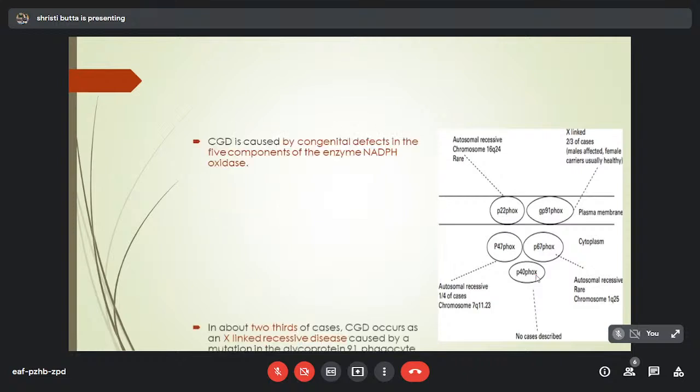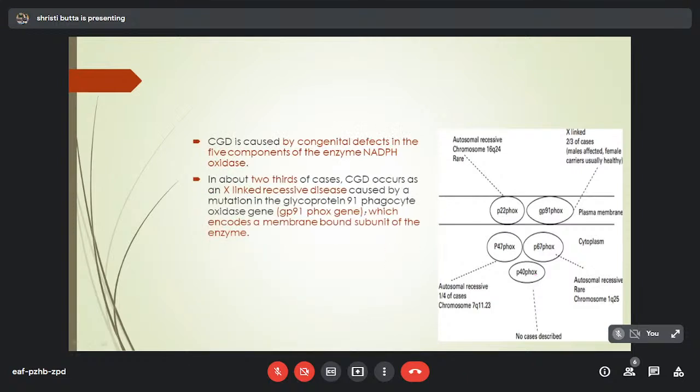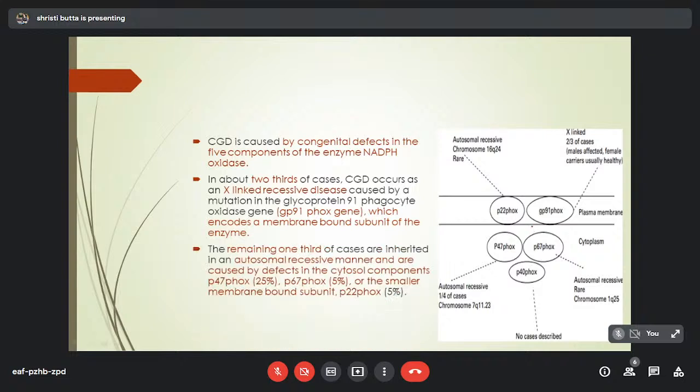It is important to note that 2/3 of cases of chronic granulomatous disease are X-linked. Being X-linked, they are associated with a mutation in the GP91 FOX. Whereas about 1/3 of the cases have a defect in the GP47 FOX and 67 FOX, whereas GP22 FOX affects a minor percentage, about 5% of the cases.